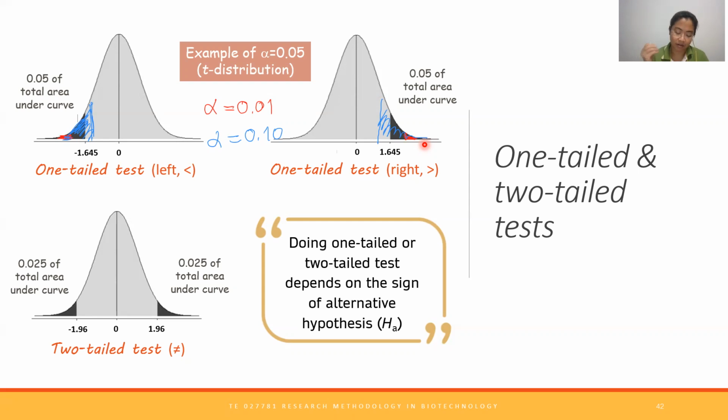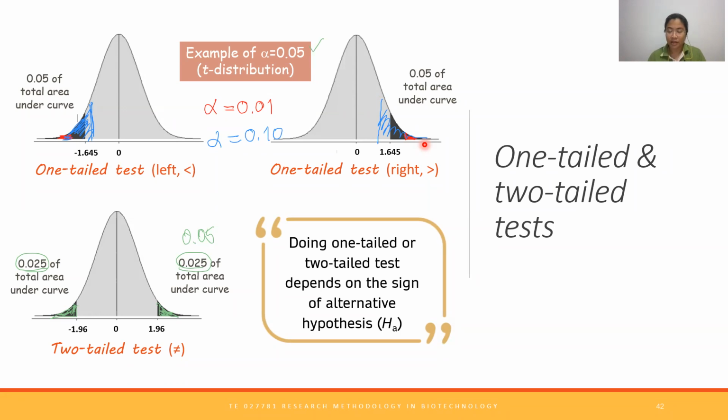So in the case of alpha of 0.05, or 5% area under the curve, the area that I highlighted in green here, each becomes 2.5%, because this one is 2.5, that one is 2.5. You sum them up, you get 0.05, which is the alpha of 0.05.